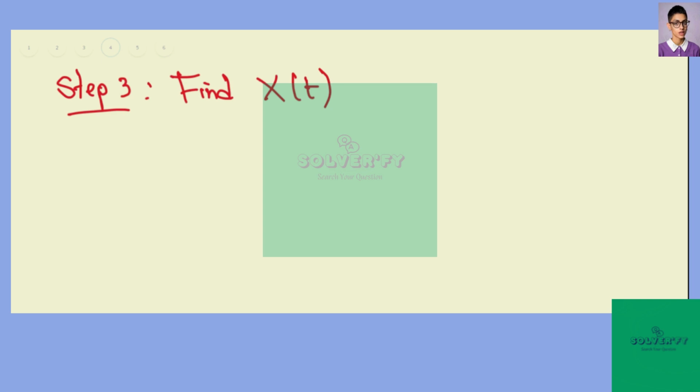So let's find the matrix X(t) now, since we already have the three necessary generalized eigenvectors. This matrix is given by three columns, and we're going to write down each column one by one.